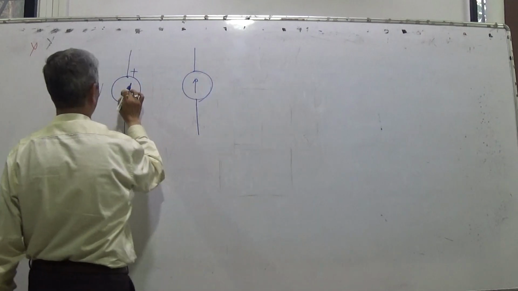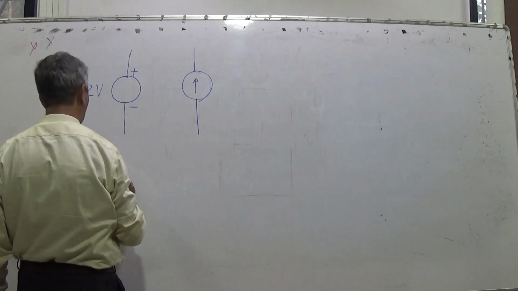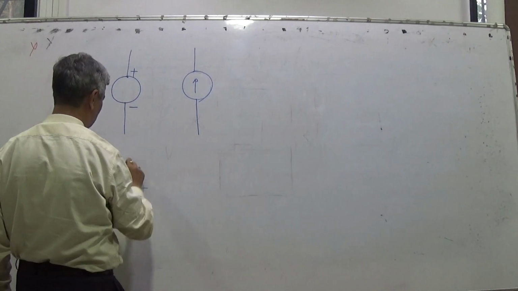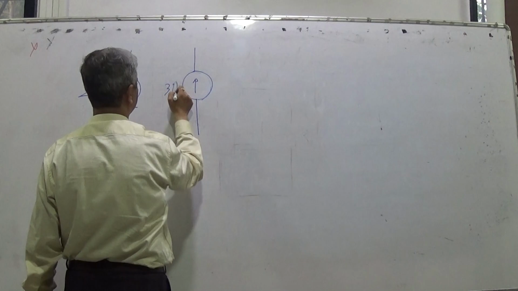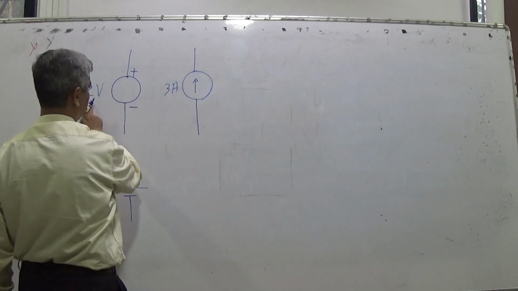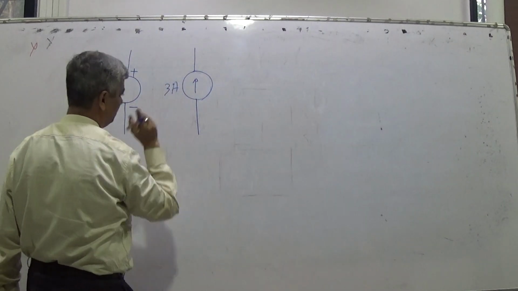Sometimes for a voltage source we do it like this or this also. Both are permitted. For the current source, the current direction is shown and 3 amperes is shown. So this is an independent voltage source and an independent current source.